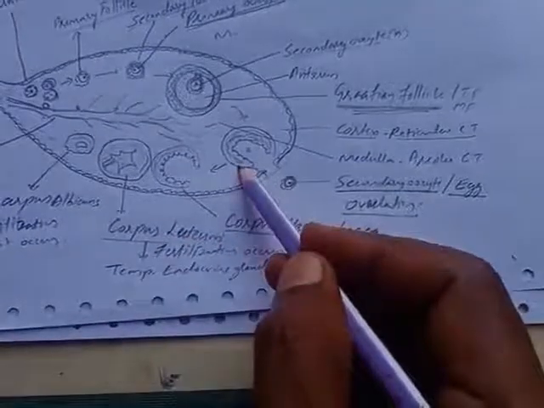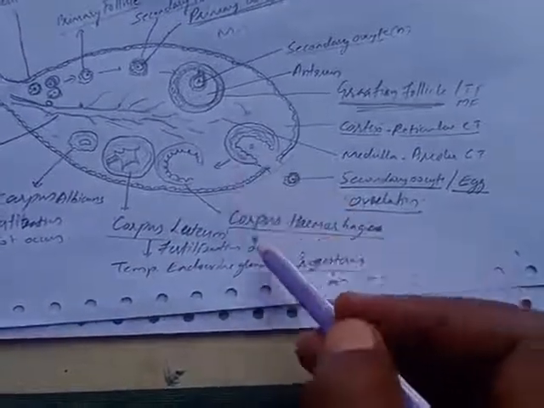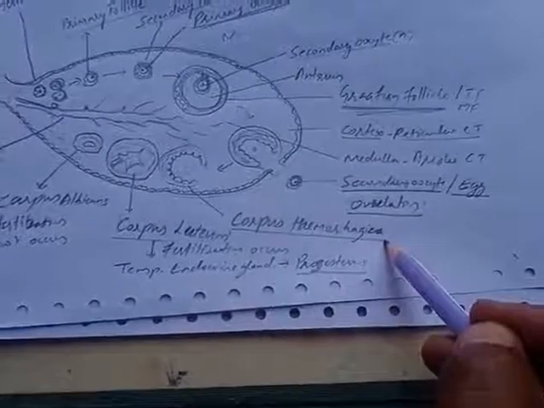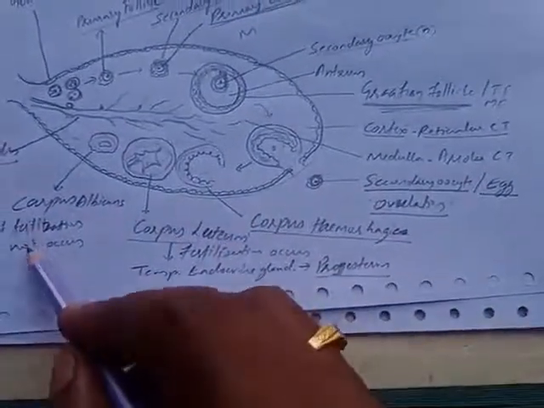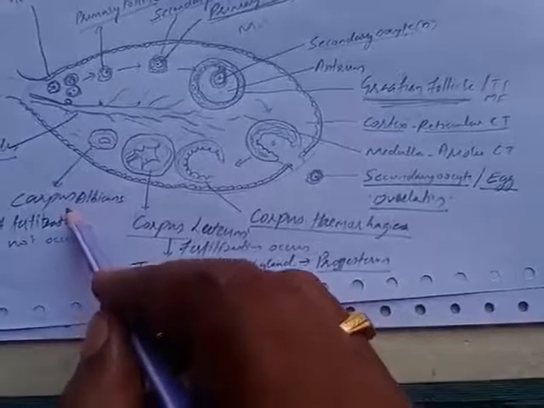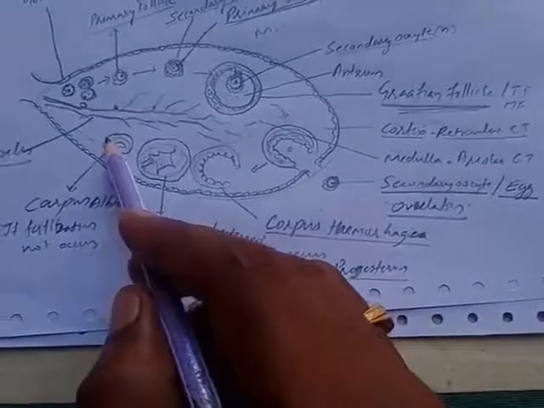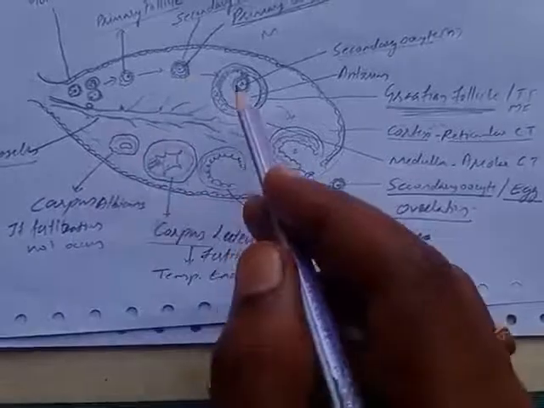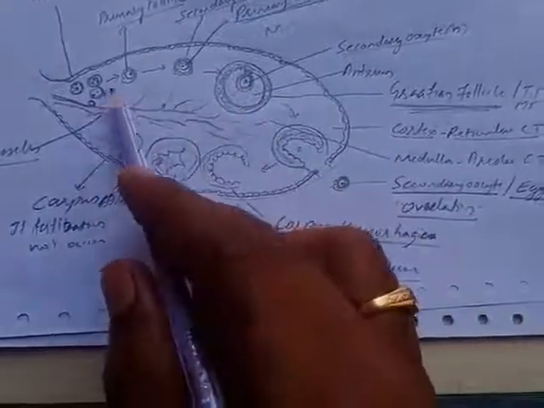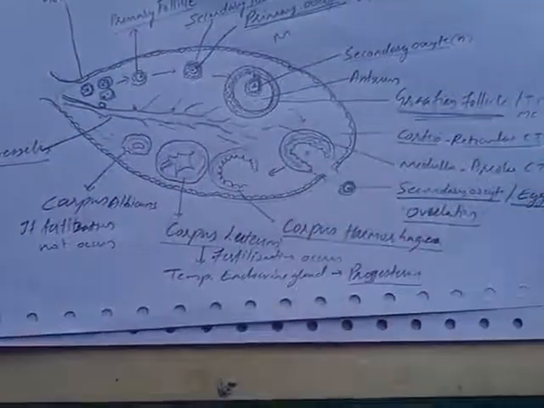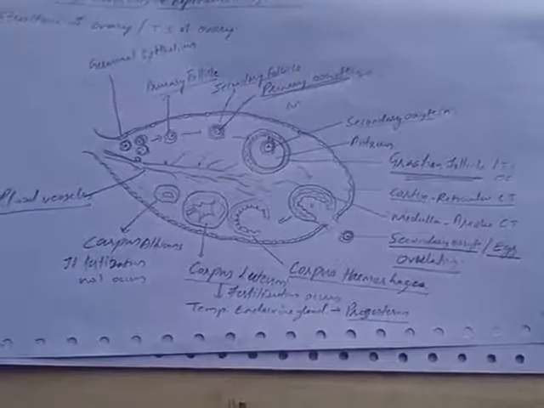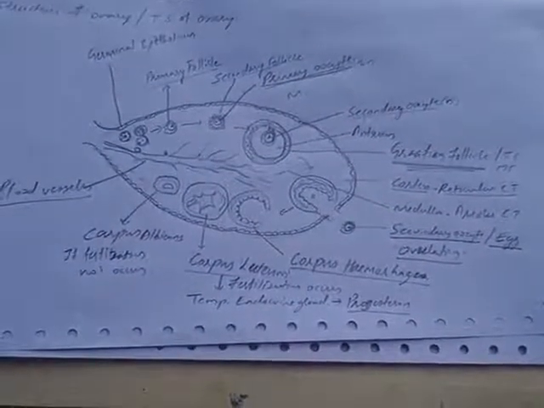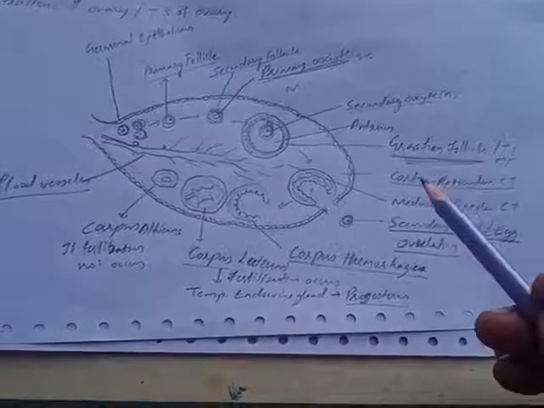At the time of release, the structure is corpus hemorrhagica, because blood is released here. Next the corpus luteum is formed. If fertilization does not occur, it becomes corpus albicans and disintegrates, disappears. In the next month, one more egg will be developed in the other ovary. So this is the TS of ovary, which shows the various developing stages of the follicle.